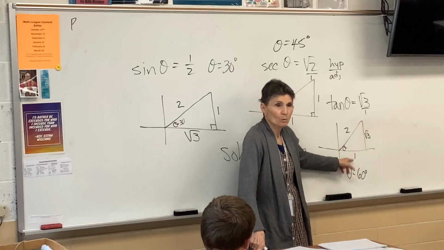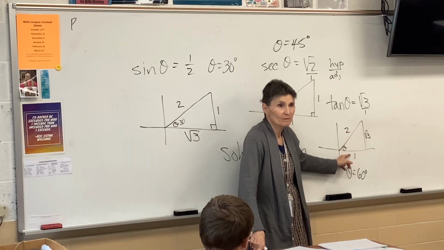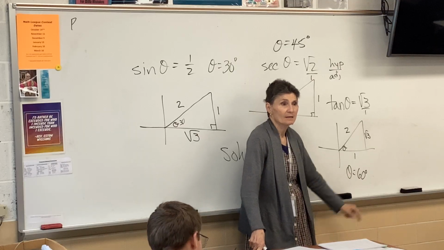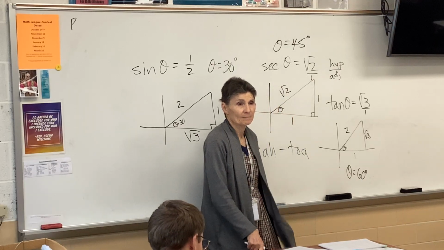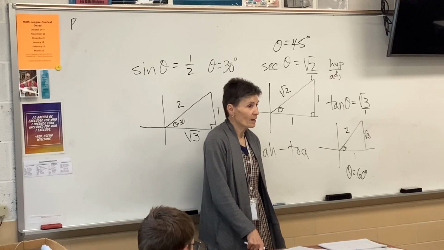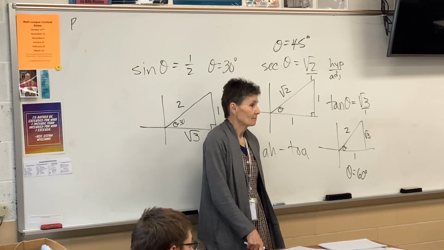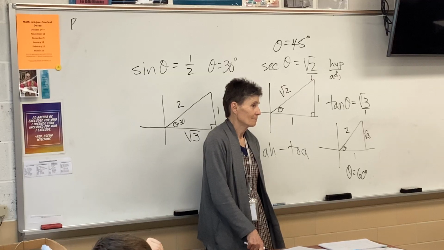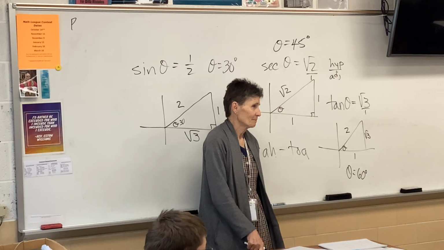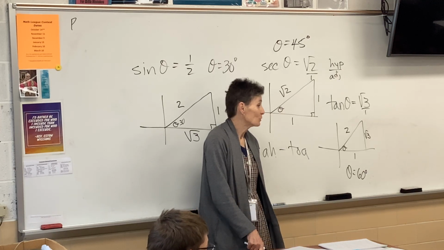Adjacent over hypotenuse 1/2? Yeah. Same picture? So the angle is the same, so the angle is 60 degrees. Now tell me what question you have about that. You don't have a question?